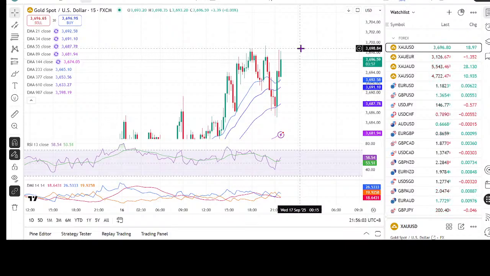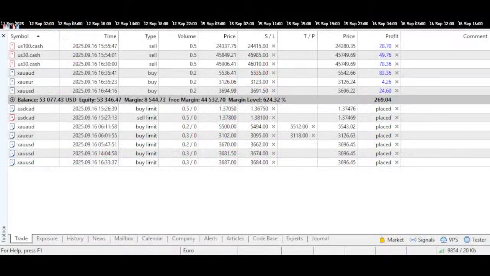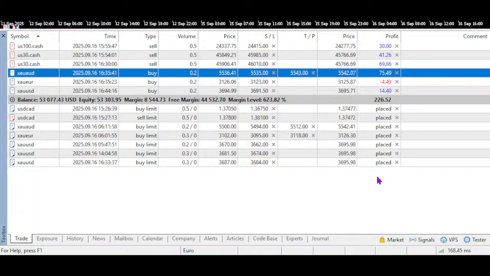So what I'm going to do, I'm trying to clear, maybe take one or two lock in. Okay, so the gold Aussie, I want to clear it at 43. Just try to lock that first.